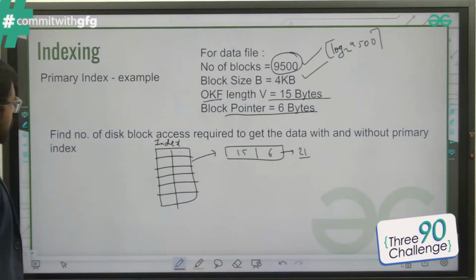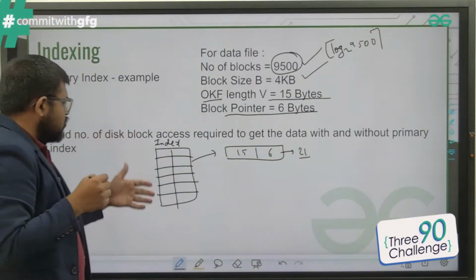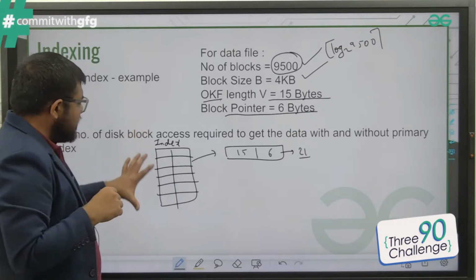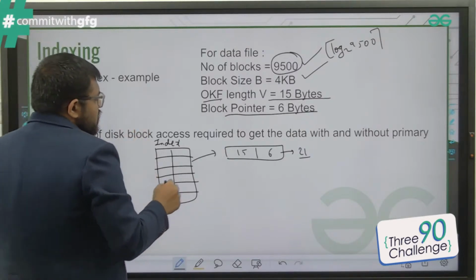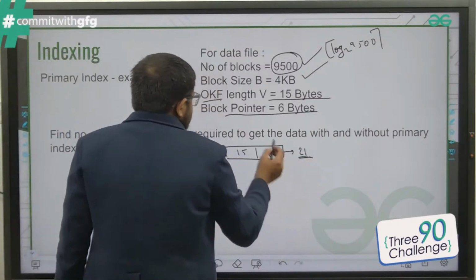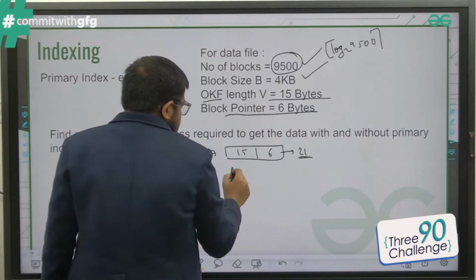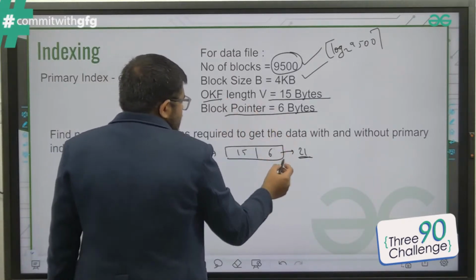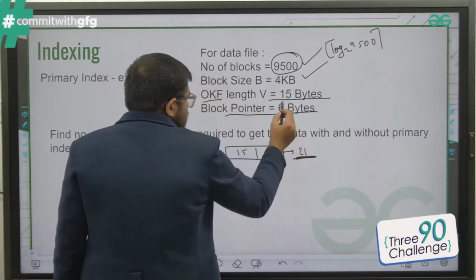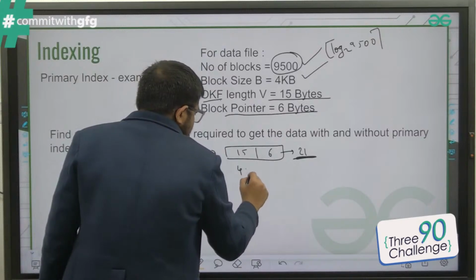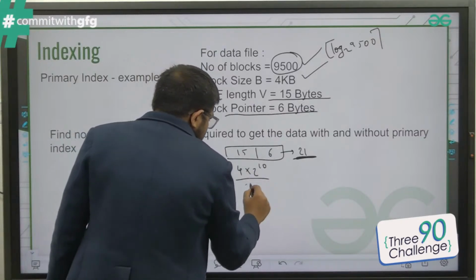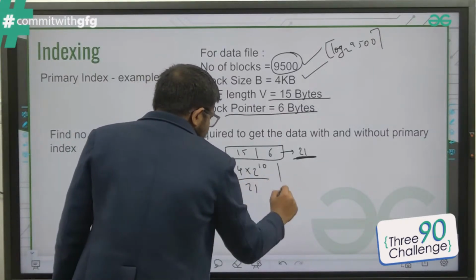So here I want to find how many blocks are there in the index. Now one record is of 21 bytes and the block size is 4 KB. So how many records can I hold in one block? It will be 4 KB divided by 21, and the floor value.